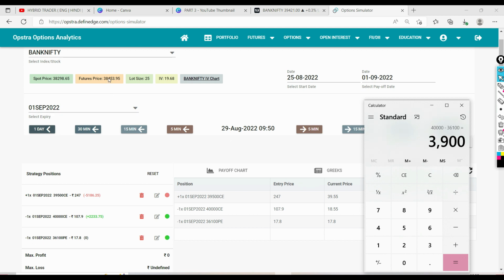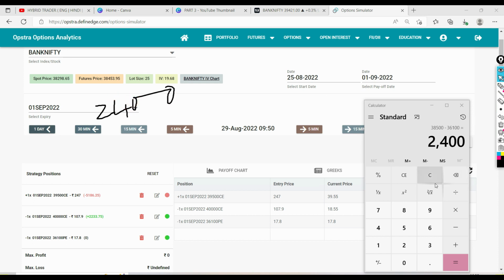Now, where is your market standing? Let's take 38,500. If I take 38,500 minus your lower strike, 36,100, you are getting a safety of 2,400 on the downside. Let me make a note.